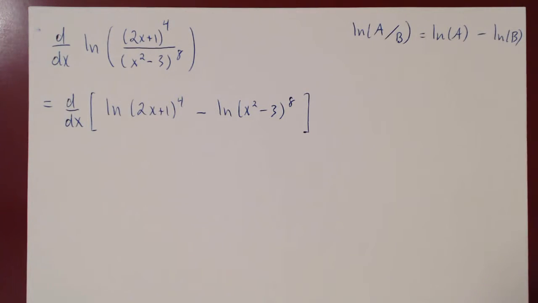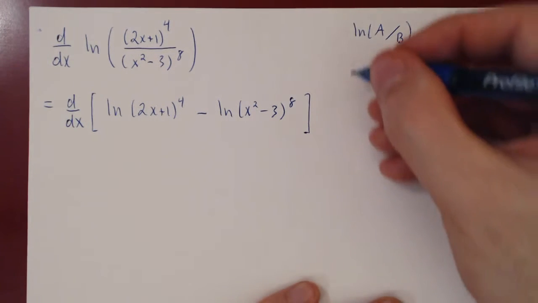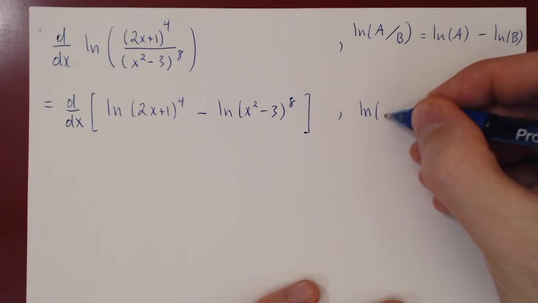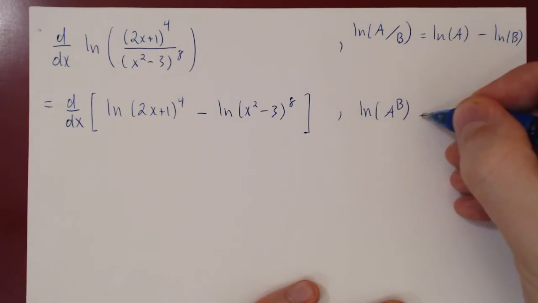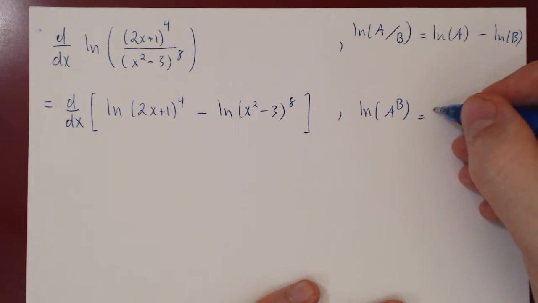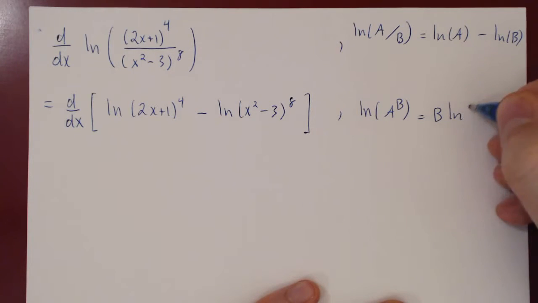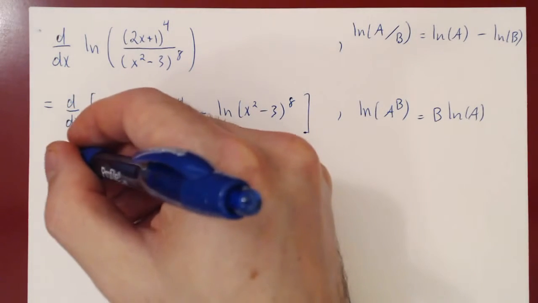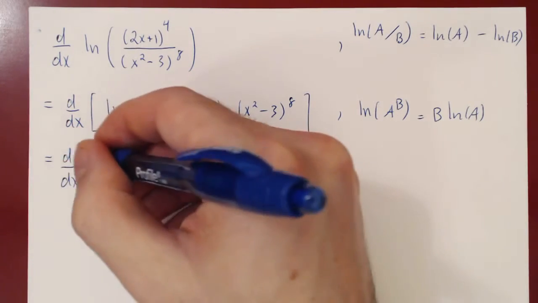Well, we could differentiate this, but we can even do better. We have yet another property of logarithmic functions. If I give you the ln of a to the b, we can move b outside of the logarithm, and this comes out to b ln of a. So, again, we don't differentiate. We simplify one step further.